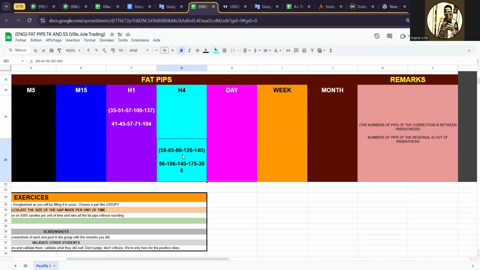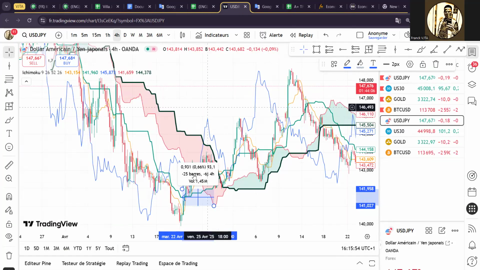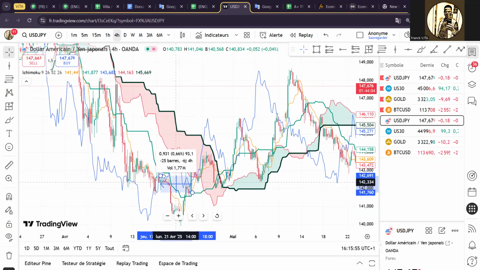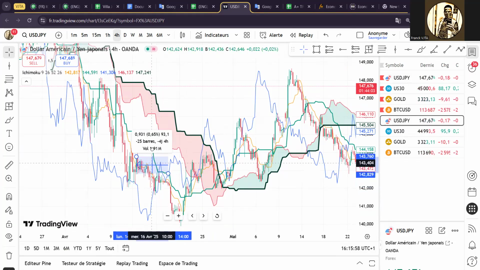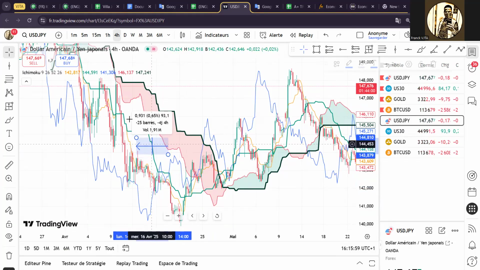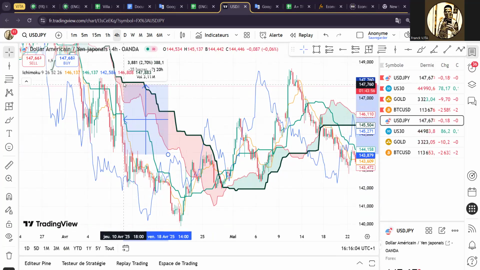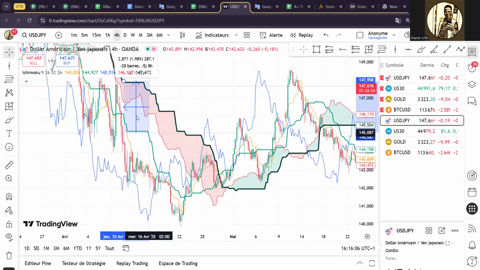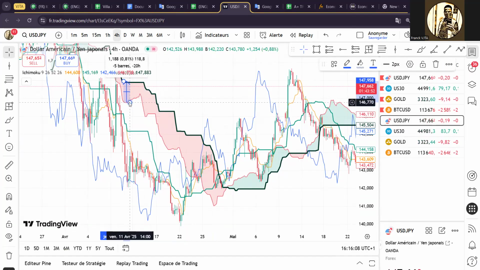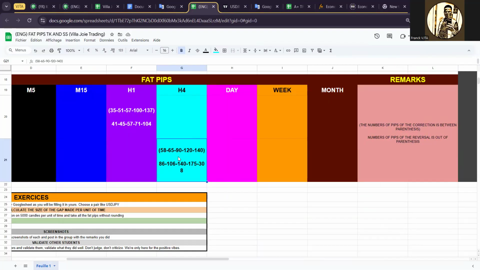You need to take each one of them separately and think of the fact that when you reach this high number, like 140 pips, you can start knowing that the end of this downtrend is close, because at this point you had how many pips that made the correction? 100 pips, right?